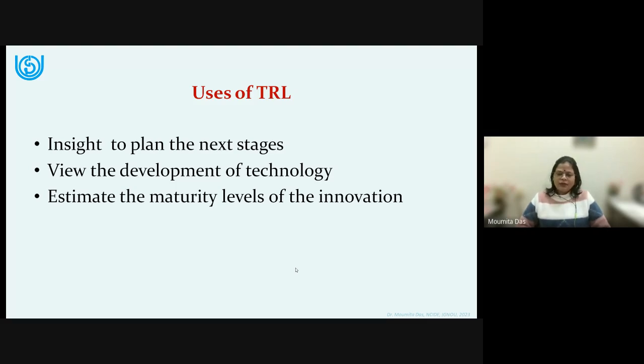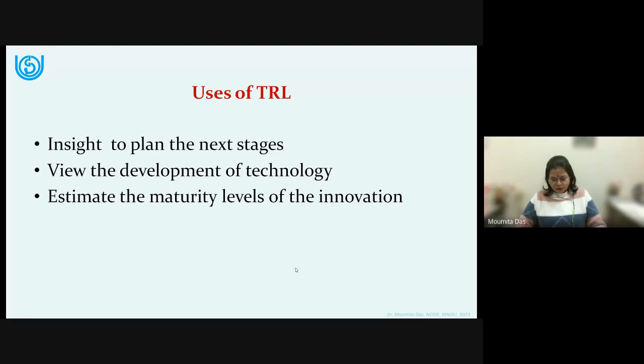Similarly, the investors will know the level from the description, evaluate it, and ask many questions based on the TRL: at what stage it is, when you want to scale it up, what methods you will use to scale it up, what the economic returns would be, what the profits would be, what the risks would be, and such things. So it gives a lot of information to the innovators, the management, and the investors.